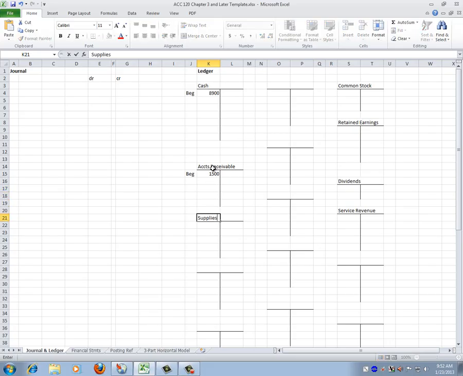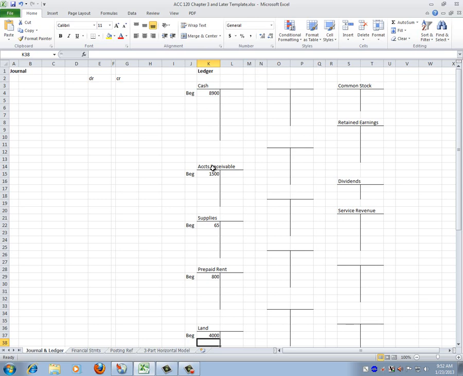Supplies, also an asset, so left side called debit, beginning balance of 65. Prepaid rent, also an asset, and its beginning balance, left side being an asset, 800. Land 4,000, being an asset, that's left side or debit.